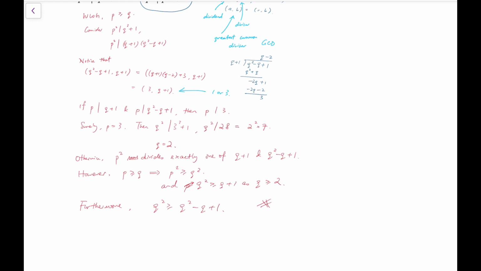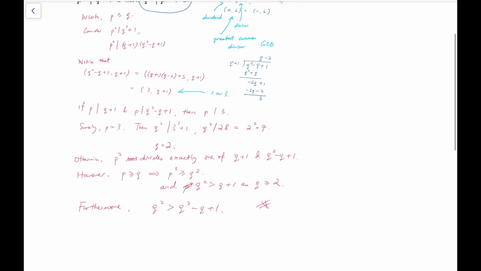So we cannot have p squared divide them. Then the contradiction would hold. So that means I cannot obtain any solution in this case, and I can only get two solutions, which is that p and q are either 3, 2 or 2, 3.